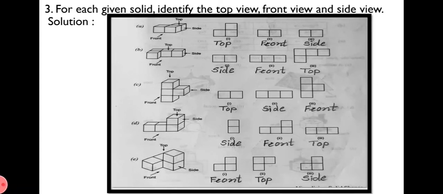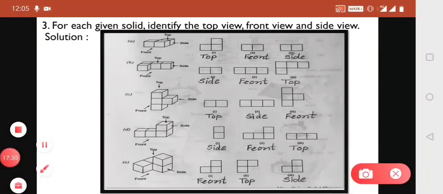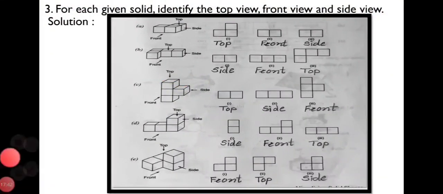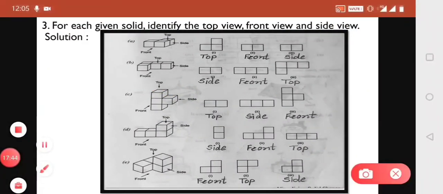Third, you can see again a solid made up of 4 cubes. In the first view, 2 square faces are given, and these 2 square faces are seen from the top side only, so this is the top view. Then next is 3 square faces.